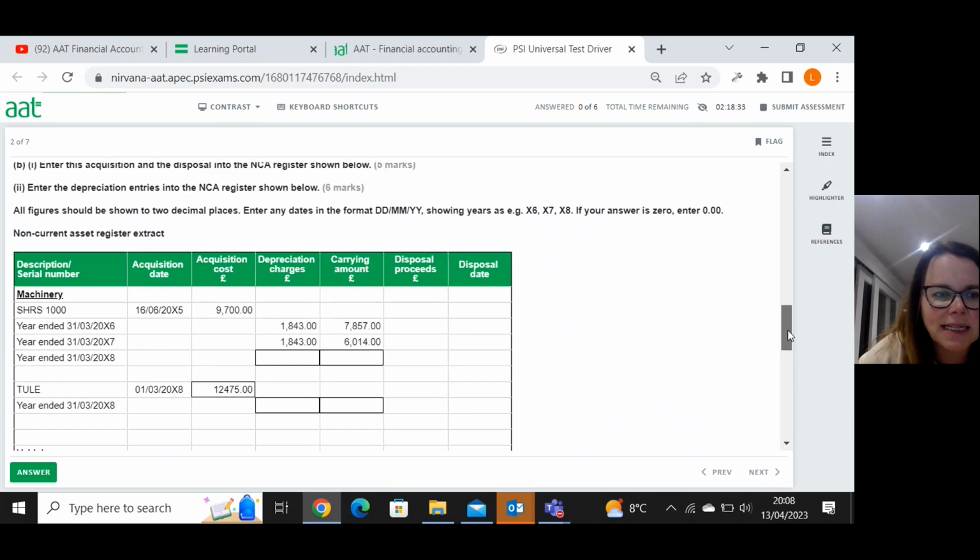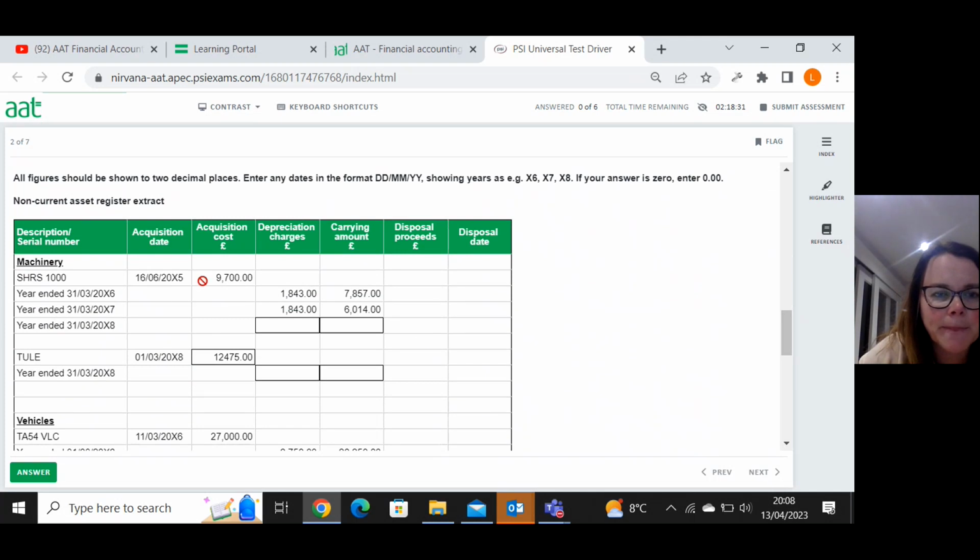Right, so what that means is if we've got our machine, this originally cost 9,700. And it said that it's assumed there's going to be a 5% residual value. So that means the depreciable amount is actually 95%. Or you could work out the 5% and subtract it. But either way, that gives us a depreciable amount of 9,215.